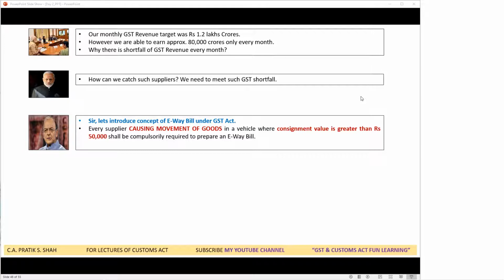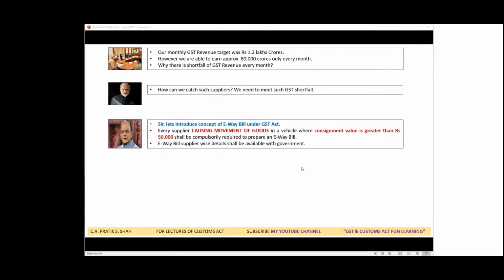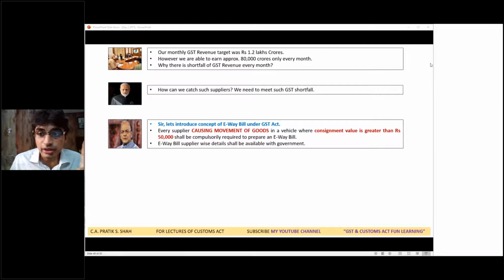And all the e-way bill details will be auto-populated with the government.